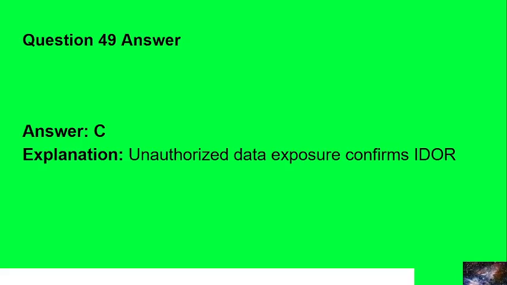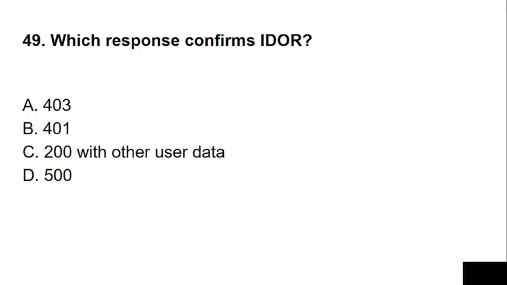The answer is C. Unauthorized data exposure confirms IDOR. When the server sends back 200, 200 means okay, so access is granted, and that exposes users' data. So that is the answer.